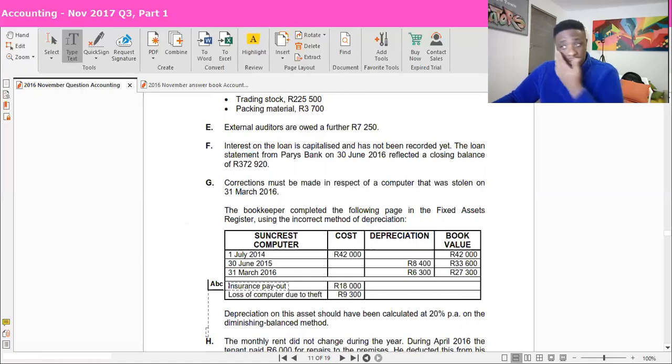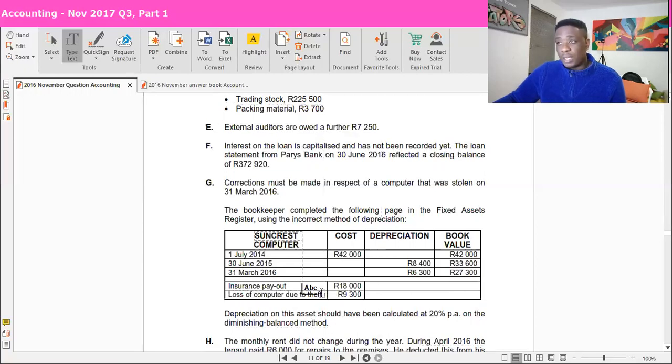So she didn't use the correct depreciation method when she was calculating the depreciation, and therefore what you need to do is to use the correct depreciation method and then replace the amount that she has, because you can see here that she calculated a depreciation of 6,300. And then we're told that the depreciation on this asset should have been calculated at 20% per annum on the diminishing balance method. Okay, cool.